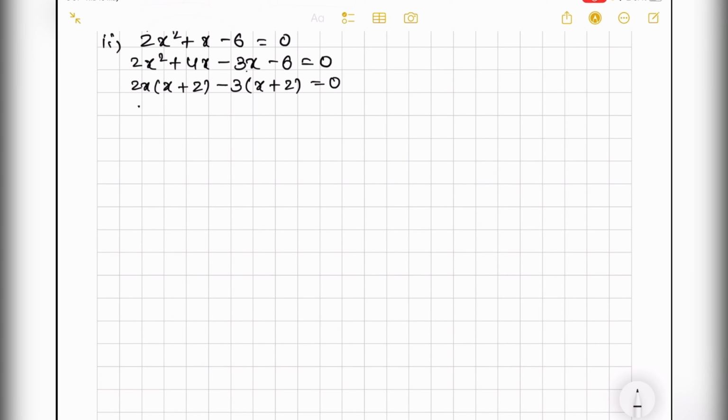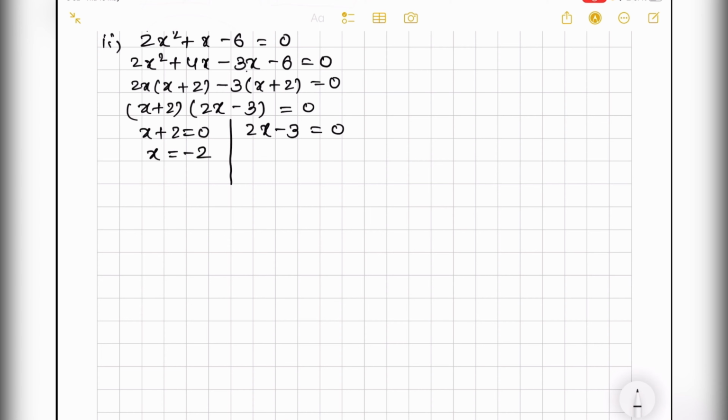So x plus 2 and 2x minus 3 equal to 0. So I can say either x plus 2 equal to 0 or 2x minus 3 equal to 0. So x will be minus 2, or 2x will be equal to 3, so x will be 3 by 2. So these two answers I will get here.